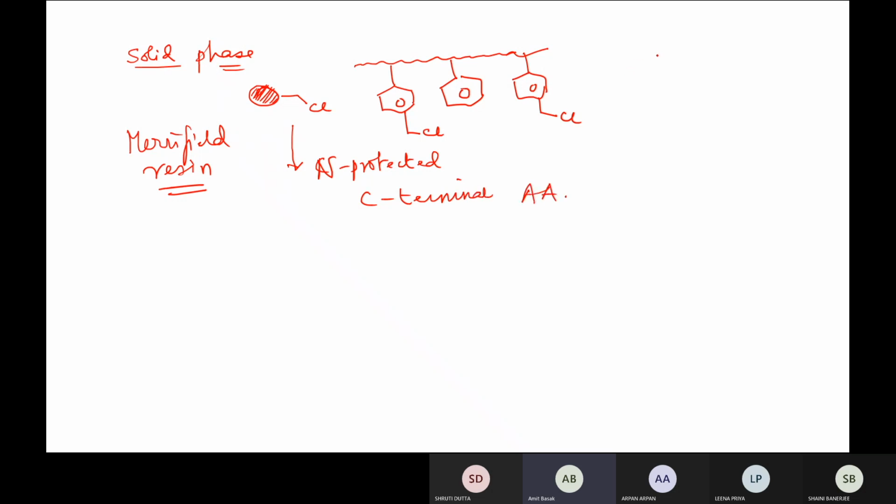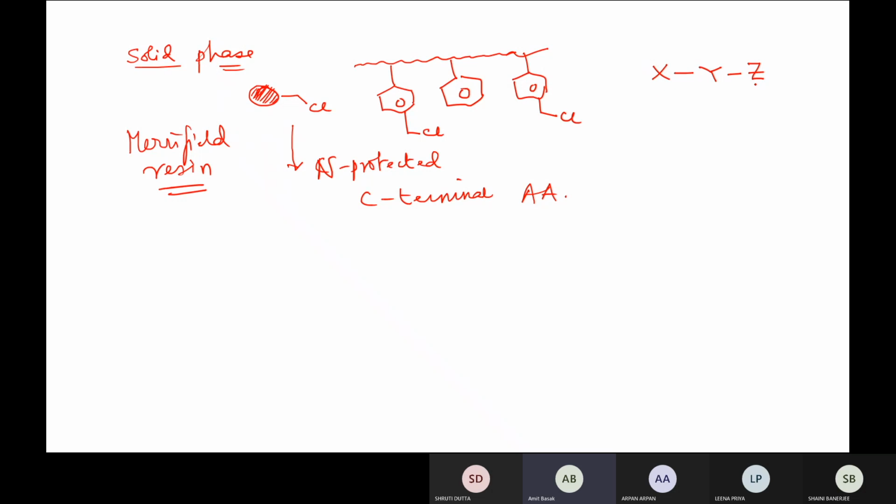That means in the peptide there are two termini, unless it is a cyclic one. A cyclic one does not have any terminus, but if it is acyclic, then say X is one amino acid, Y is another amino acid, and Z is another amino acid. So this is a tripeptide.